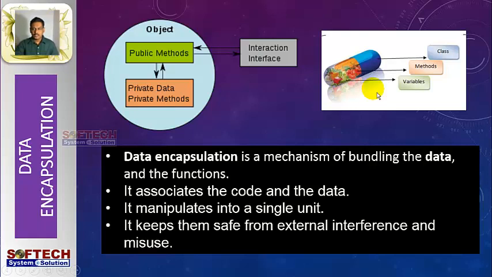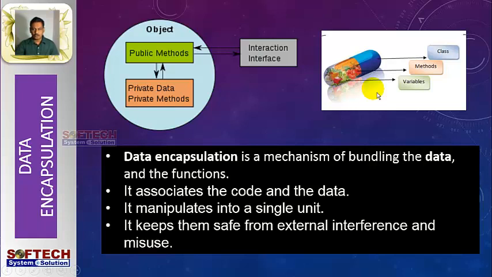So the user can access the features of that class. The user cannot view or utilize the code. They can access and use that class only. So we have sole control of that program.